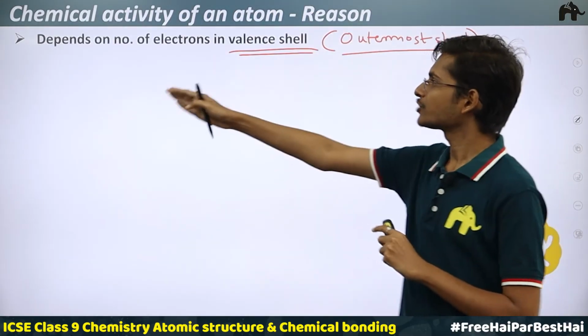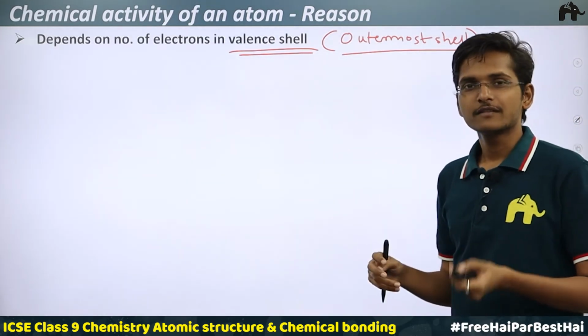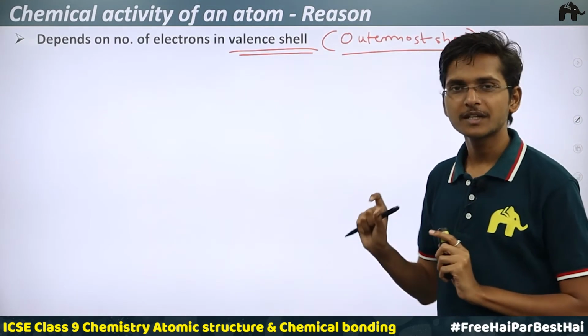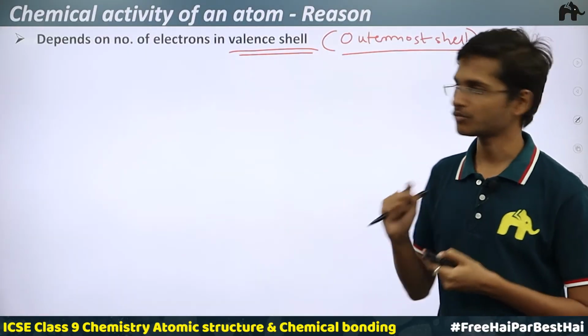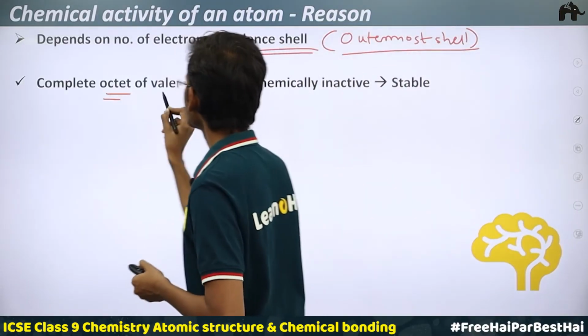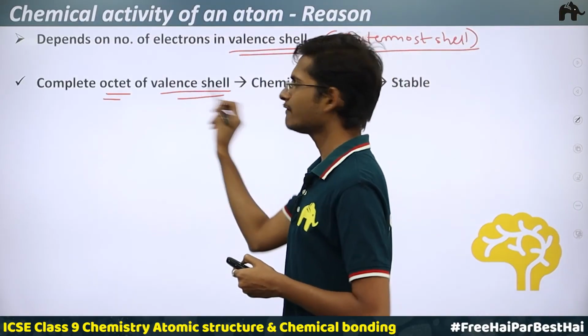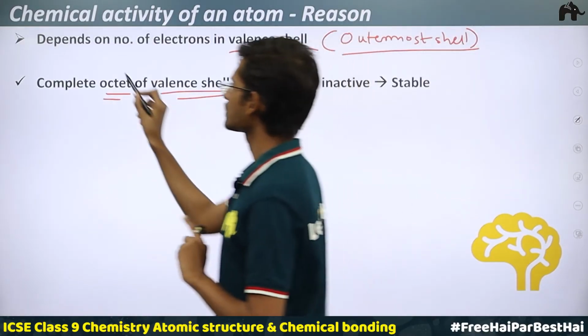So it depends on the number of electrons in the valence shell. Now, you need to remember this: if our atom has 8 electrons in its outermost shell, which means a complete octet of the valence shell, the same thing. Octet means 8 electrons.